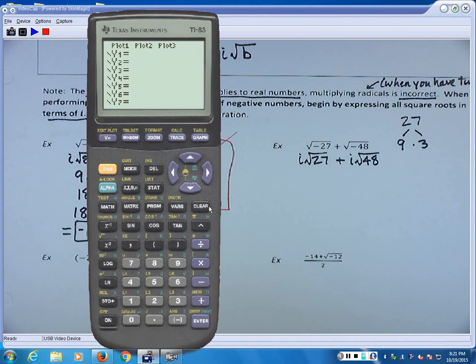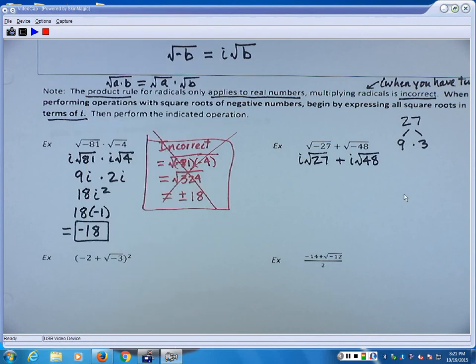If you don't remember what divides 27, you can do 27 divided by x, and then press second table. So 1 times 27, 3 times 9. Ignore the decimals there, and 9 times 3. And then we can go all the way up to 27. So 9 is the biggest perfect square that goes into 27.